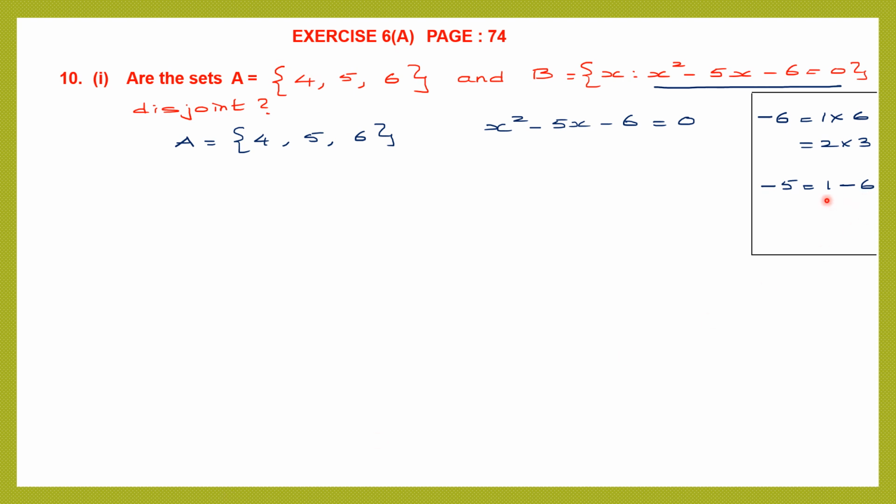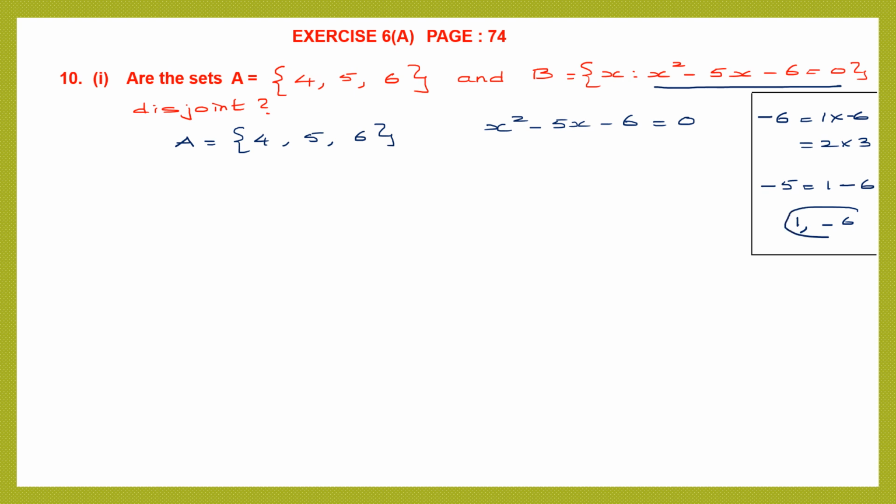So I can use the numbers 1 and minus 6. I don't even have to check the other two numbers, because when I add up 1 minus 6, I get minus 5. When I multiply 1 minus 6, I get minus 6. So now we are going to use 1 and minus 6. So these are the two numbers, 1 and minus 6.